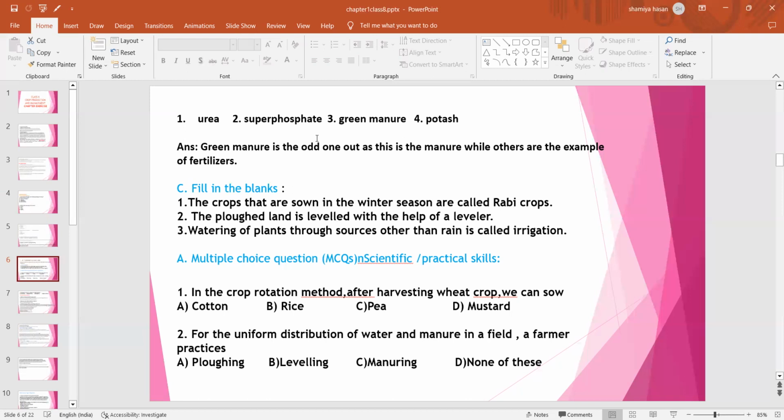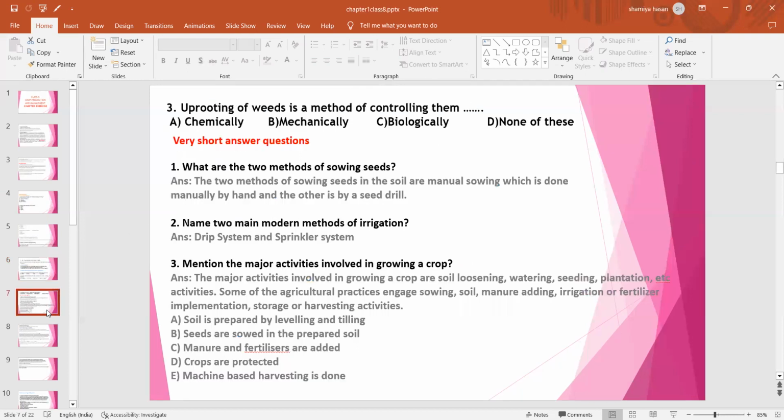For the uniform distribution of water and manure in a field, a farmer practices ploughing, leveling, manuring, none of these. So for the uniform distribution of water, they need leveling. Uprooting of weeds is a method of controlling them. So biologically, we can control them, right?